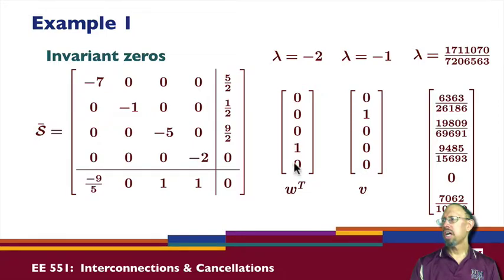So this eigenvector, if it's 0 and 1, we can show it's a left eigenvector, and that left eigenvector times this is 0. As a right eigenvector, this is an eigenvector associated with that eigenvalue, and multiplying this row times this column, I get 0. So we can see how that lines up.